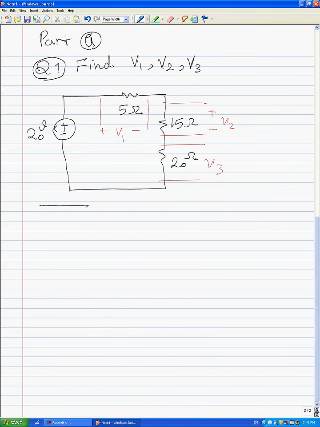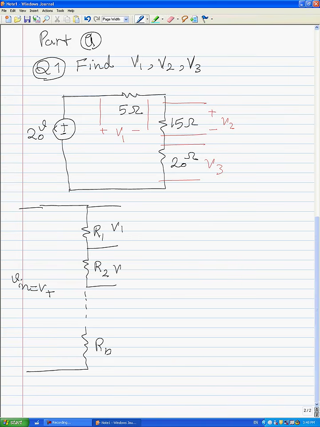As you know, in any series circuit like this, we have R1, R2, and Rn here, and also we have input voltage or total voltage here. We want to find out V1, V2, and Vn here.